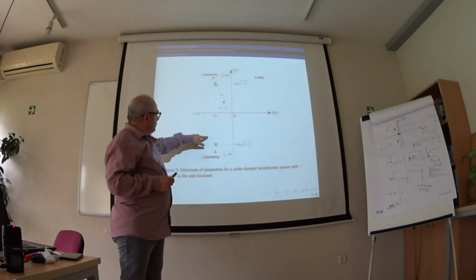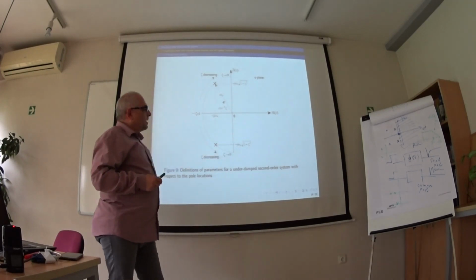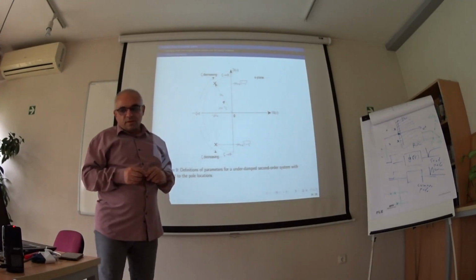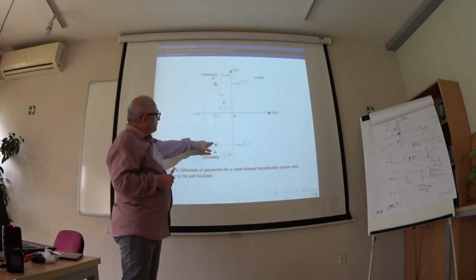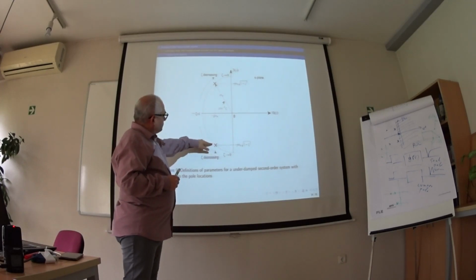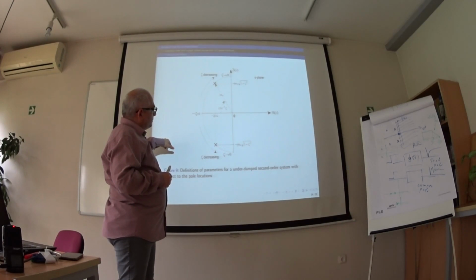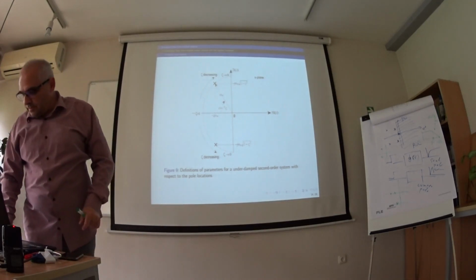When we move the poles close to the j omega axis, the system continues to oscillate for a longer time. When we move the poles to the left, the oscillations attenuate very fast.